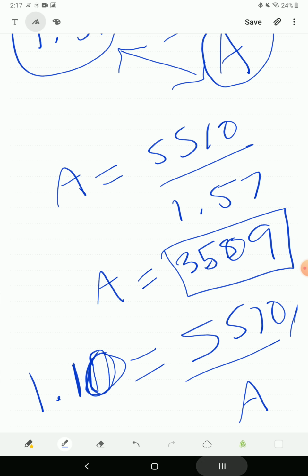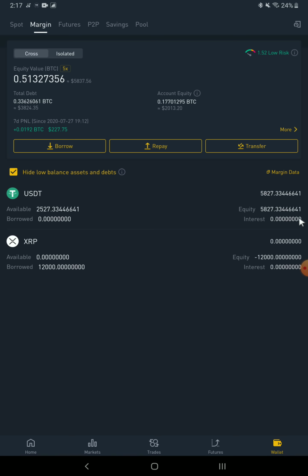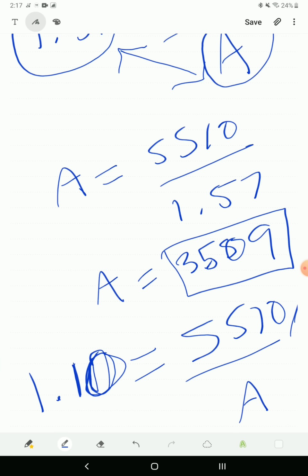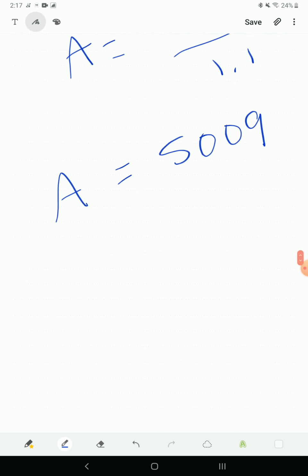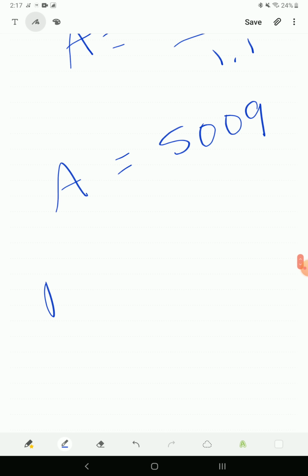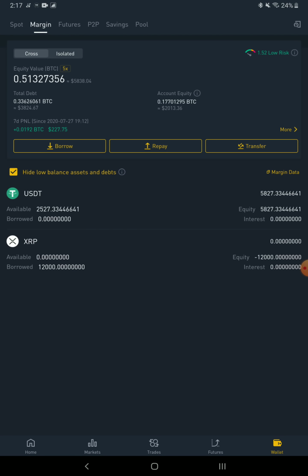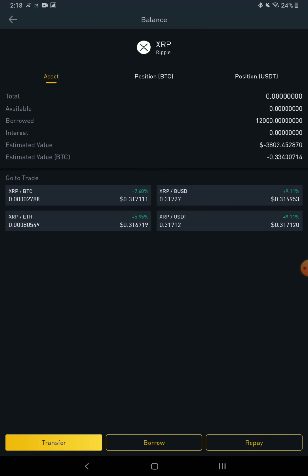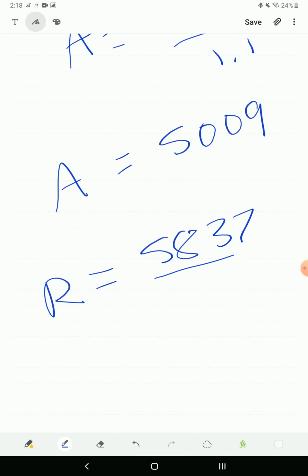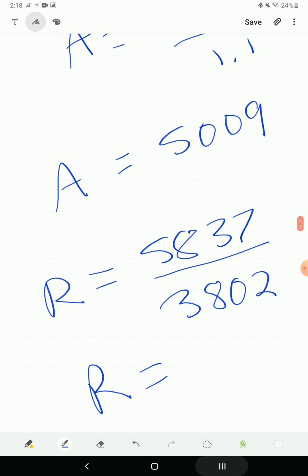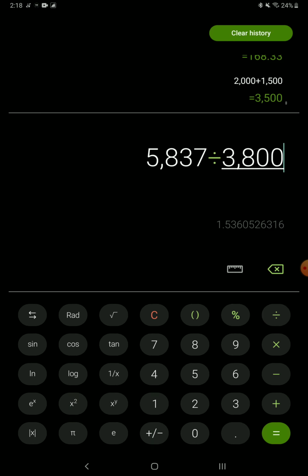So now if you take this number here, 58.37, once again, we're going to call this R for risk, actually. 58.37 divided by this right here, 38.02, R is equal to 58.37 divided by 38.02, 1.53, right?